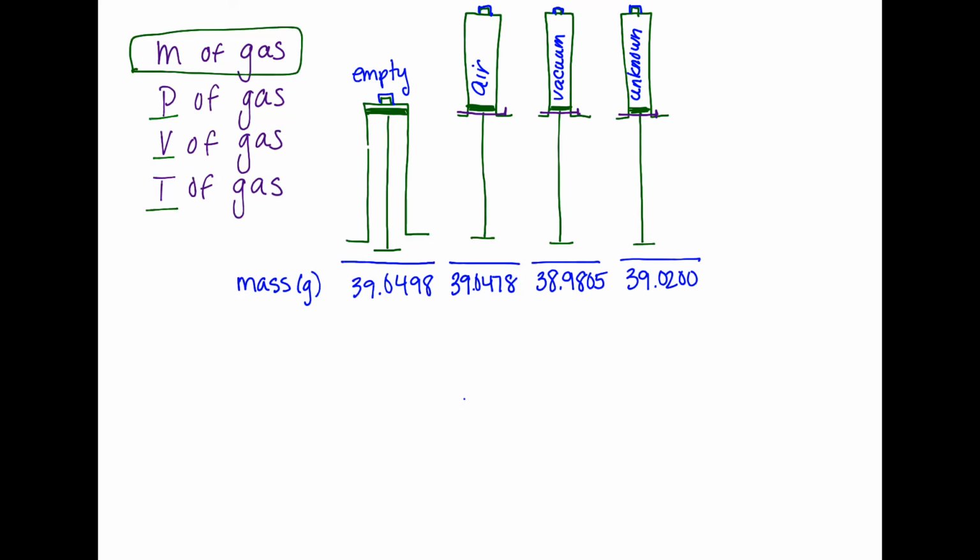The mass of the unknown is found by taking the difference between two things that have the same volume. So these two have the same volume, and so they're affected by buoyancy the same way, and the difference between these equals the mass of the unknown. If we want to find the mass of air, we would take the difference between these two.